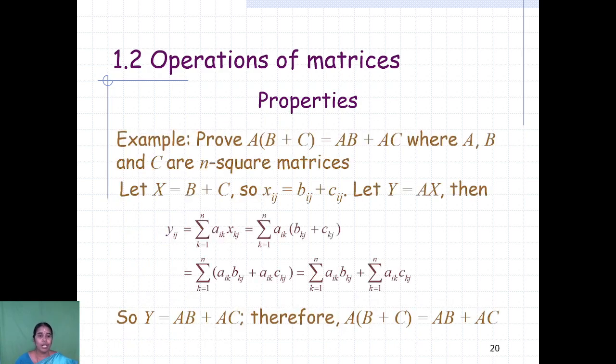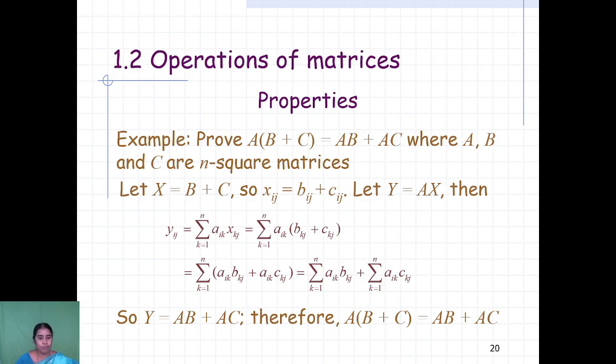Example, let us prove that A of B plus C is equal to AB plus AC, where A, B and C are n square matrices. Let us assume that X is equal to B plus C, so Xij is equal to Bij plus Cij. Let Y be equal to AX. Then Yij is the summation over k of Aik Xkj, where Xkj can be expressed as Bkj plus Ckj.